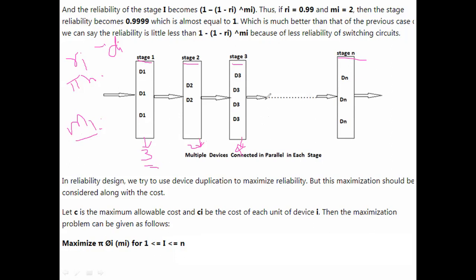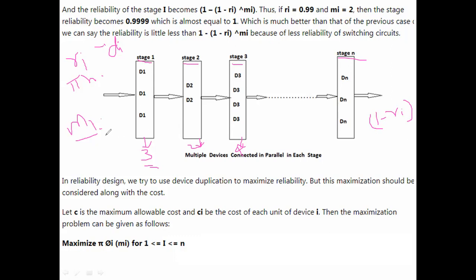So 1 minus Ri is the probability of not functioning properly. For each device, the first device is R1, the second device R2. If it does not function properly, we say 1 minus Ri.